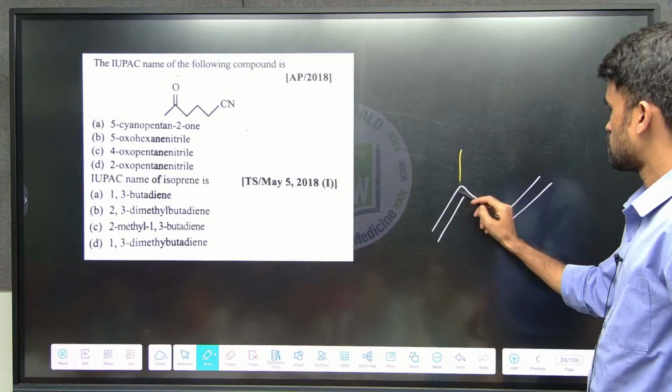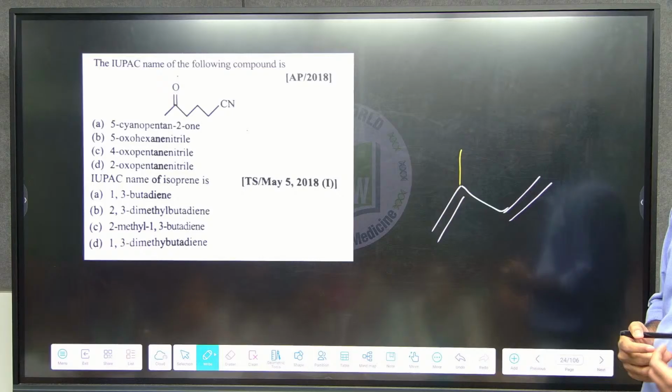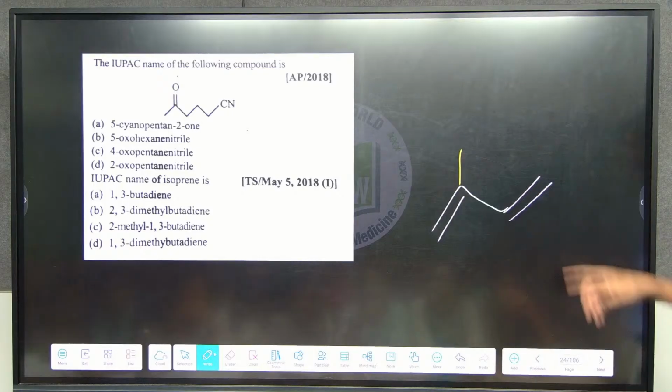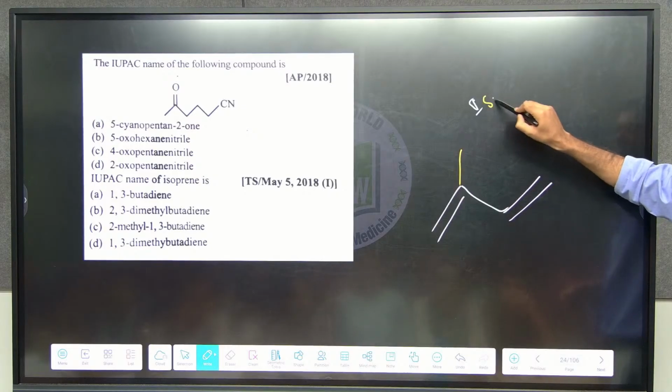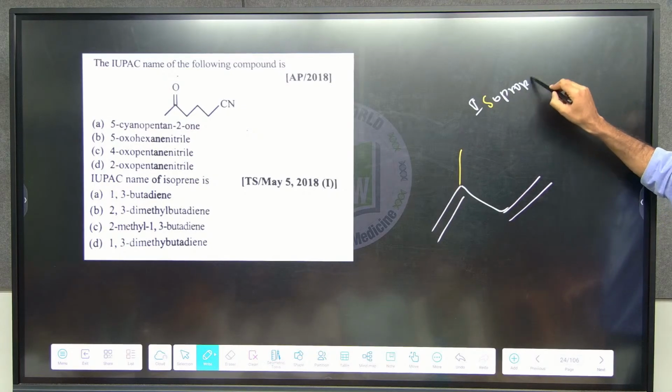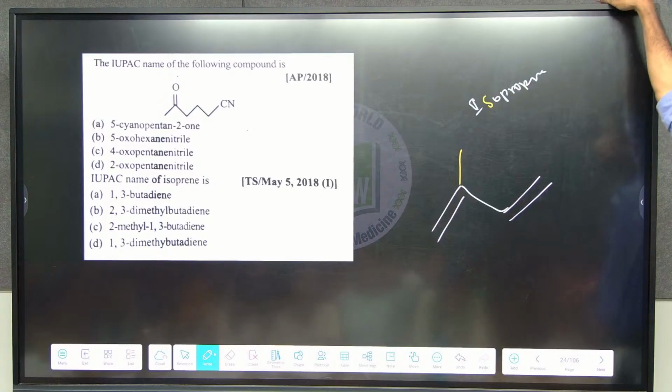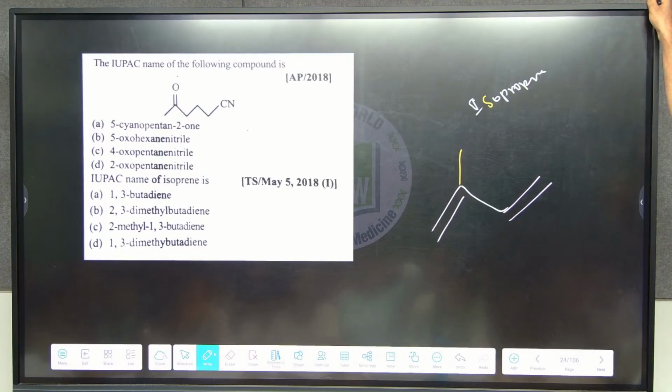So this is called the isoprene unit. What is this? Isoprene. So write its IUPAC name. Where do you use this isoprene? Isoprene is a monomeric unit of natural rubber. Like the polymers chapter you have studied, it's a polymer, so it is the monomeric unit.